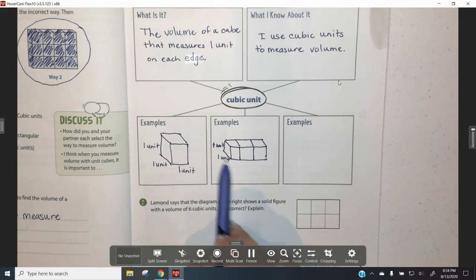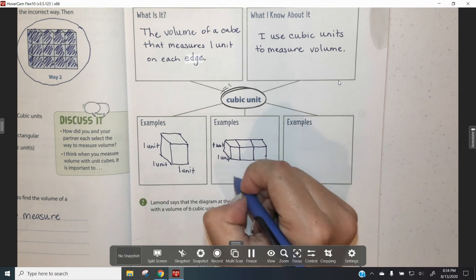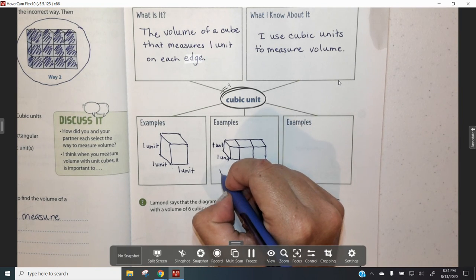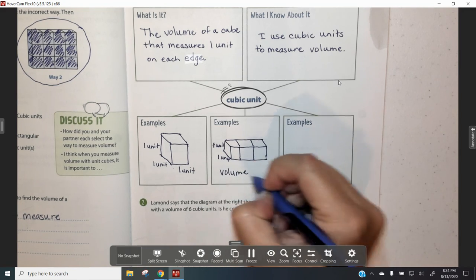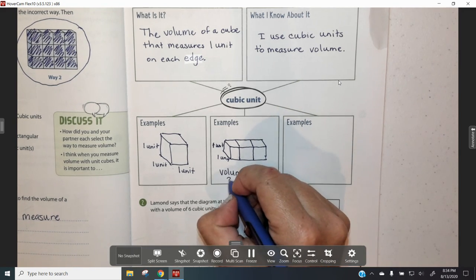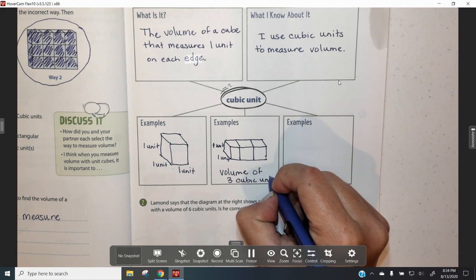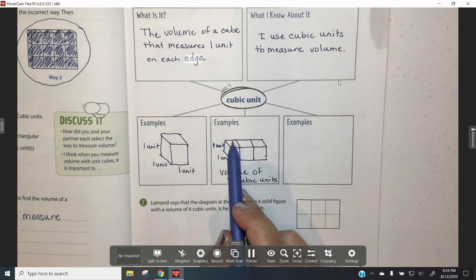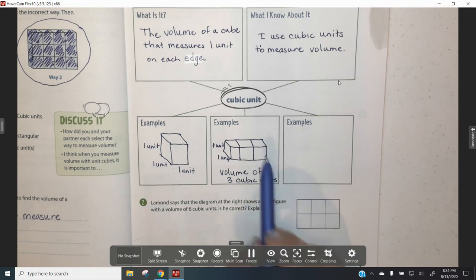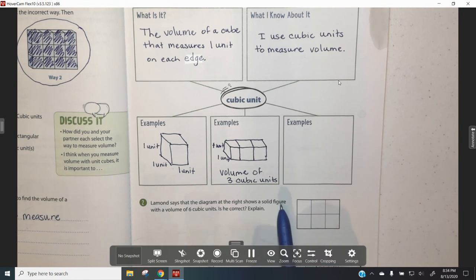This rectangular prism has a volume of 3 cubic units because there is 1 cubic unit, 2 cubic units, 3 cubic units.